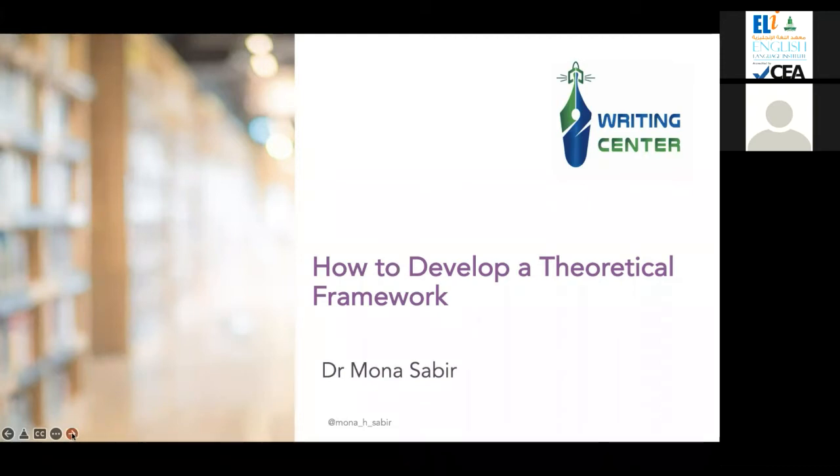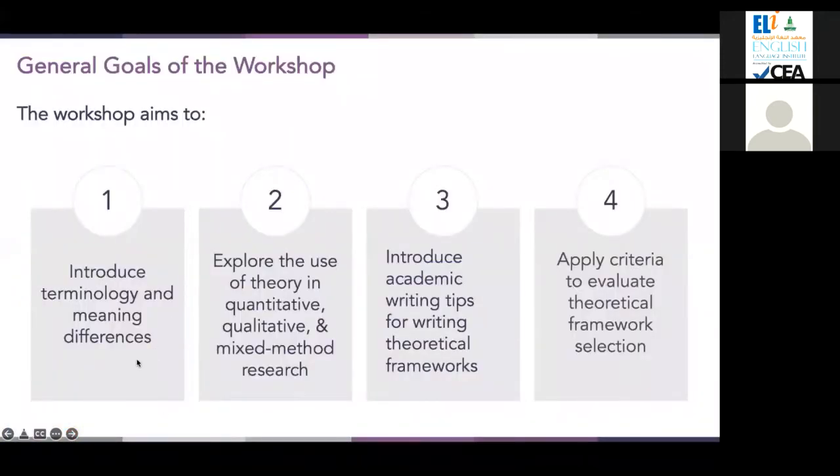I'm here today to walk you through how to develop a theoretical framework for your research. In today's workshop, I will be focusing on the following areas. I will start with the terminology and establish meaning differences between certain terms that might be confusing for researchers.